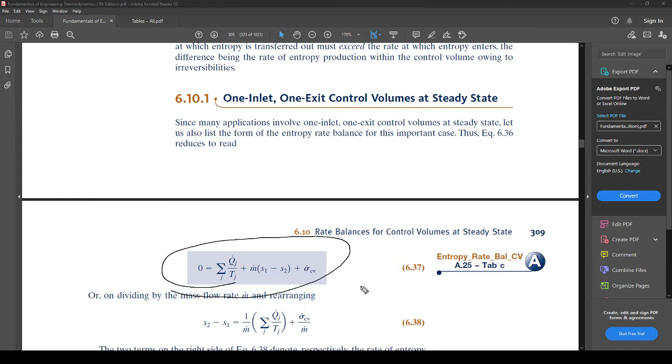And this is the thing that I changed just a second ago. I said that this would be S1 and S2, and the mass flow rate would be the same. And this is what it reduces to. So what you have now is what I said before, which is just m times (S1 minus S2). So m delta S plus sigma plus Q over T represents where we are at now.